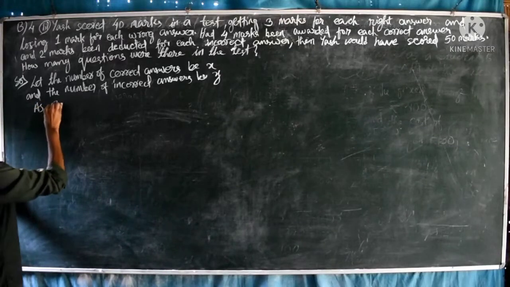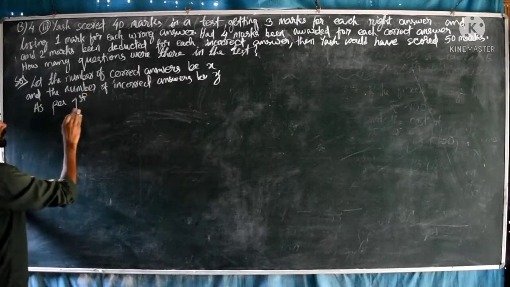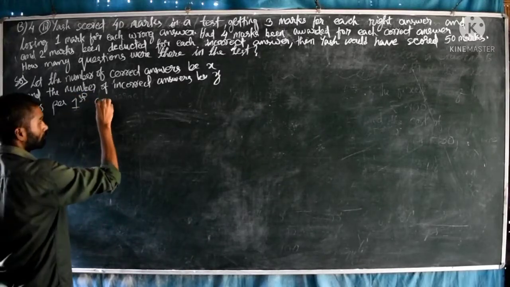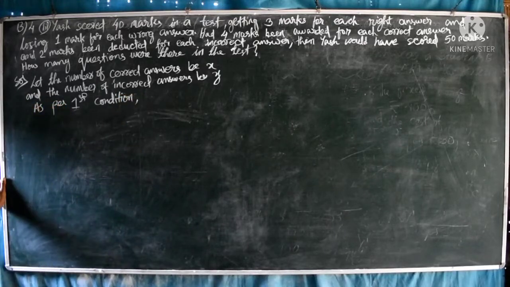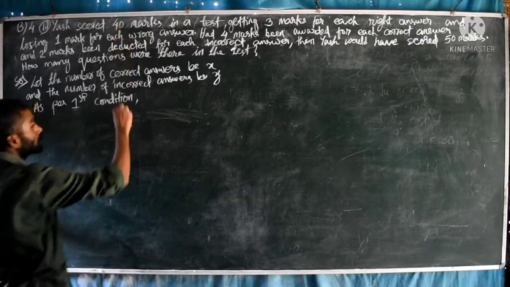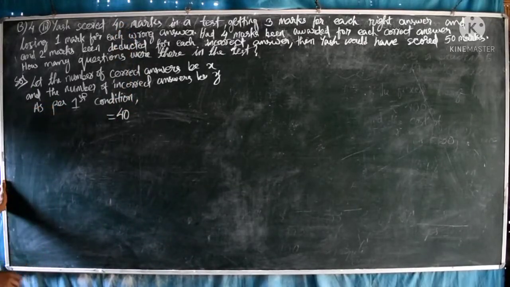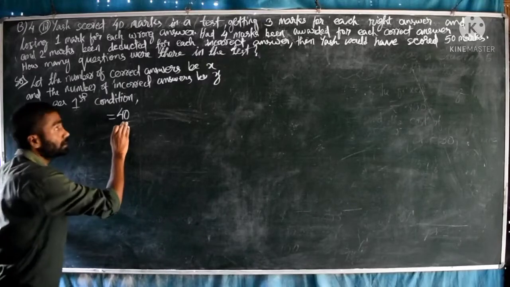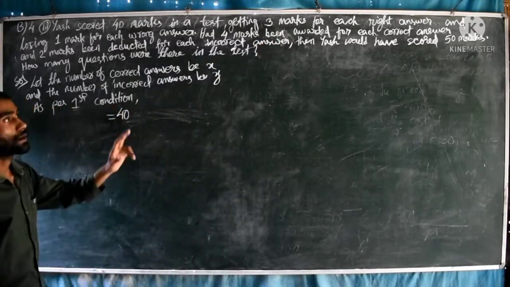So as per the first condition, what is said? Total he got is 40 marks. In that total, 3 marks was awarded for right answers.